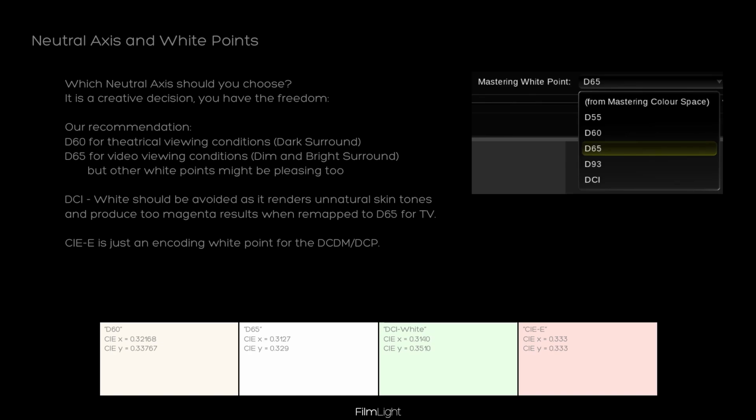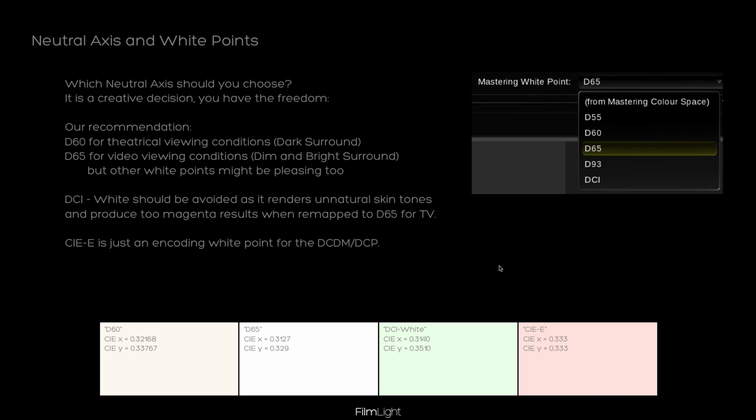So which white point or neutral axis should you use? It's a creative choice. The colorist should have freedom over the mastering white point, and you might want to determine it during look development. As a starting point, we recommend you to use a D60 for all symmetrical viewing conditions and D65 for all other viewing conditions like dim and bright surrounds.